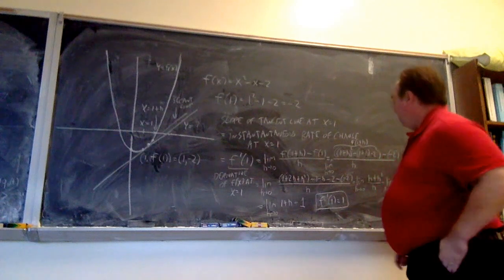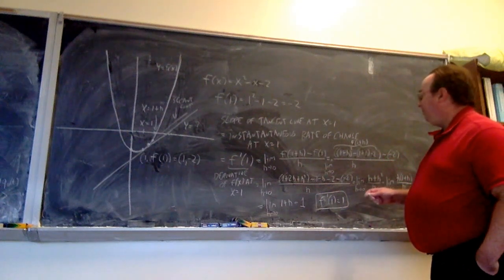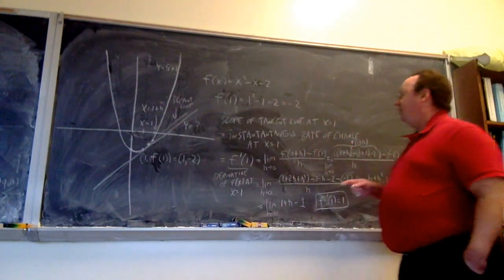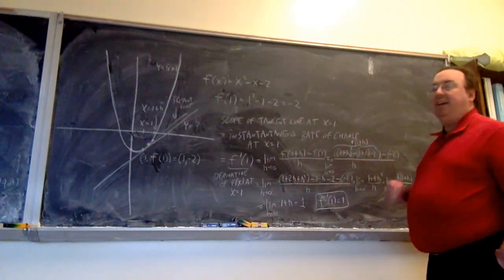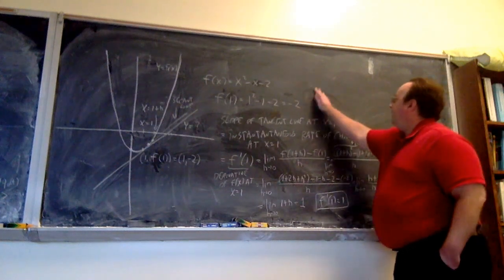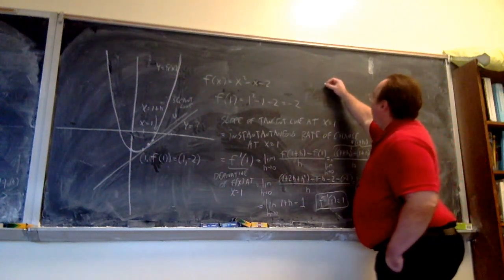So now that I have my value of f of x at x equals 1 and f prime of x at x equals 1, I can obtain the equation of the tangent line at x equals 1.